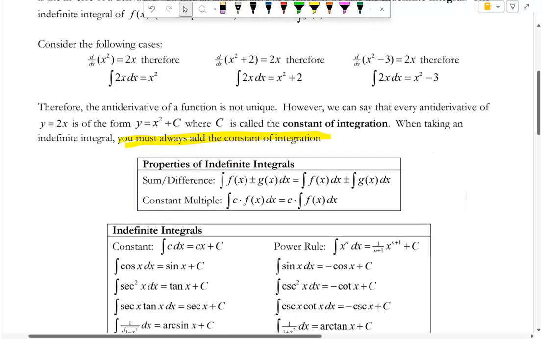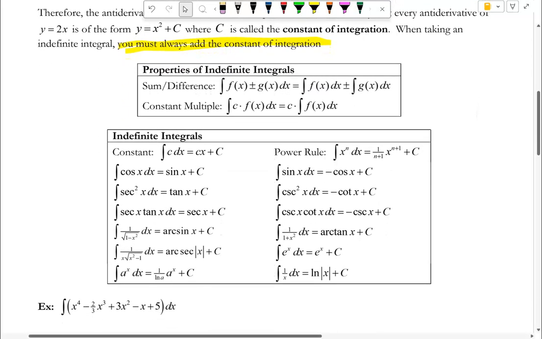All right, so the properties of indefinite integrals: these first two properties are the same as properties of definite integrals. When I'm taking the indefinite integral and I have a sum or a difference, I can integrate term by term. So I can integrate f and g and then add them together, or subtract them.